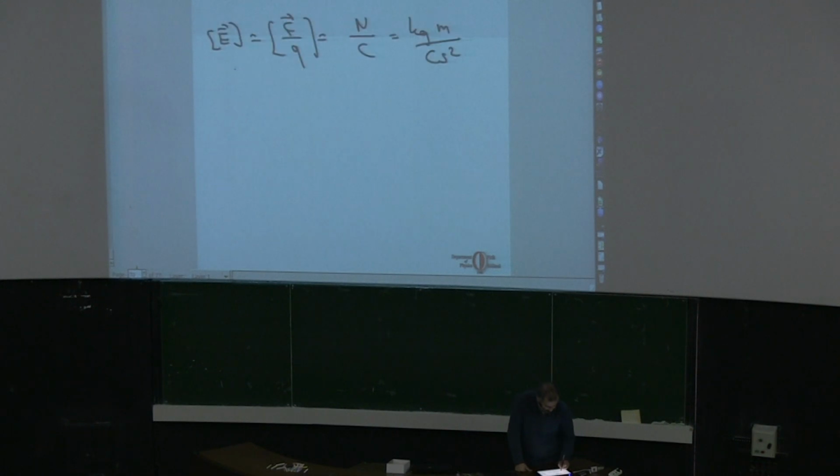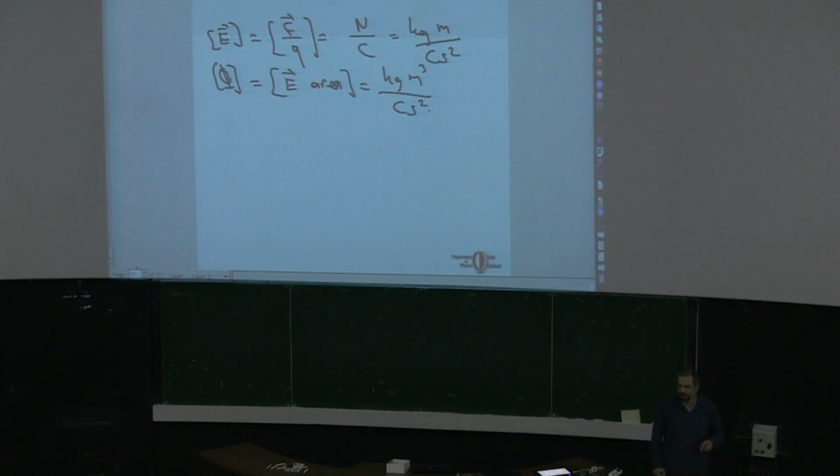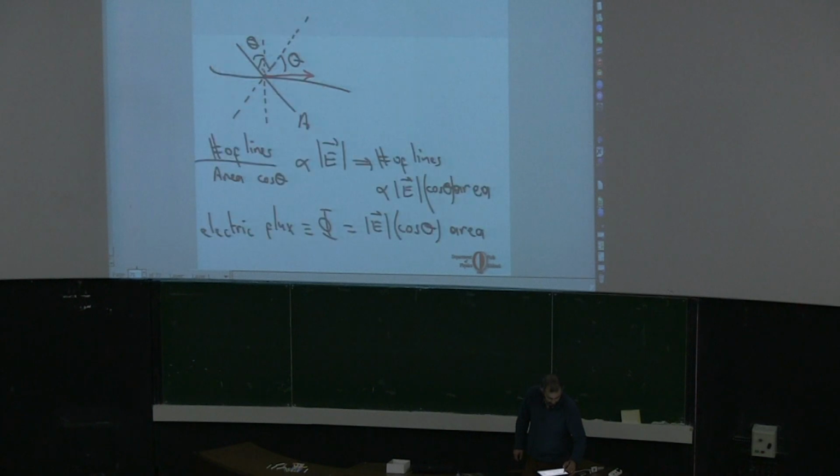And the flux? Well, this is electric field times area, it is kilogram meters cubed divided by coulomb second squared. We will give names to them later on. Other questions?